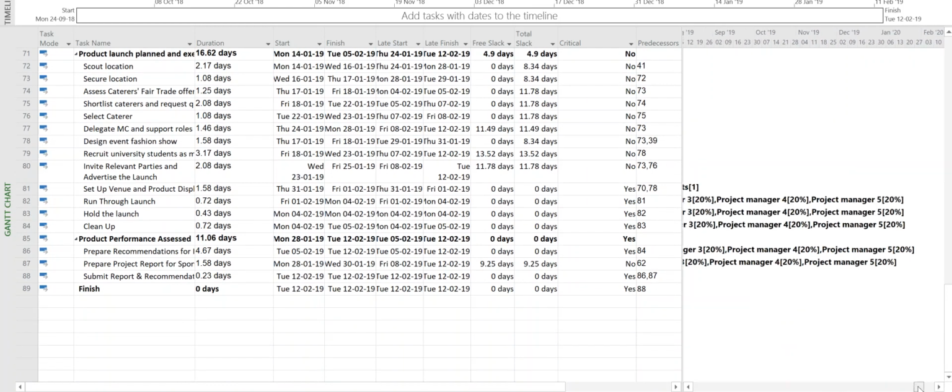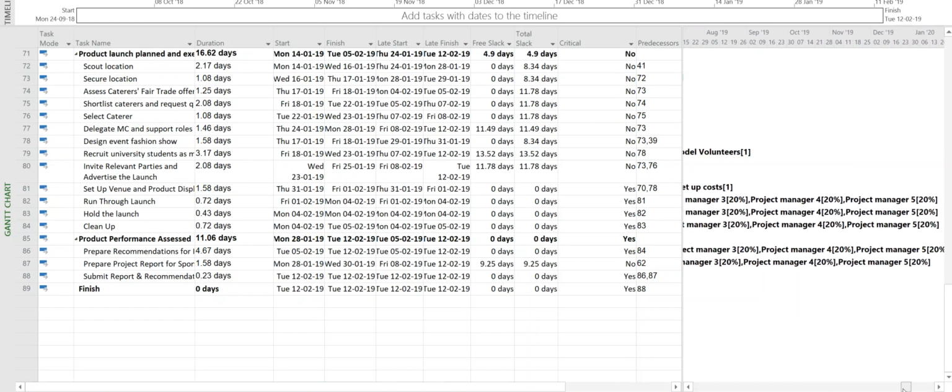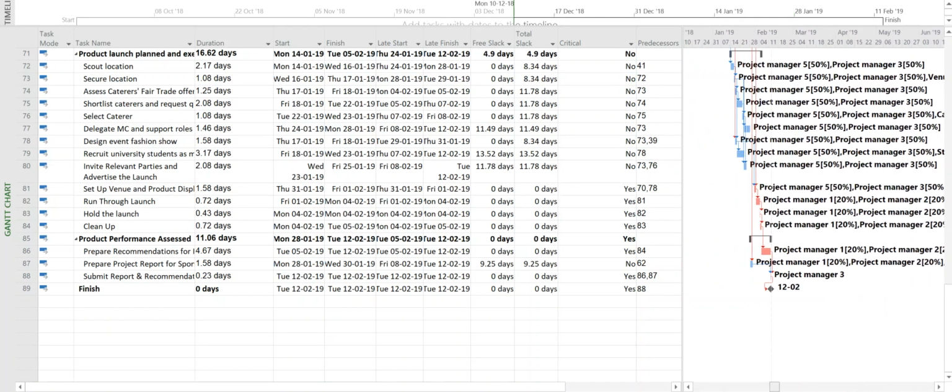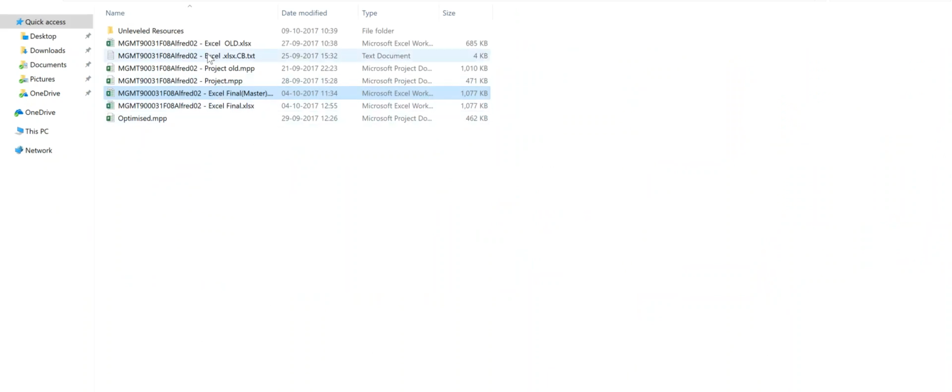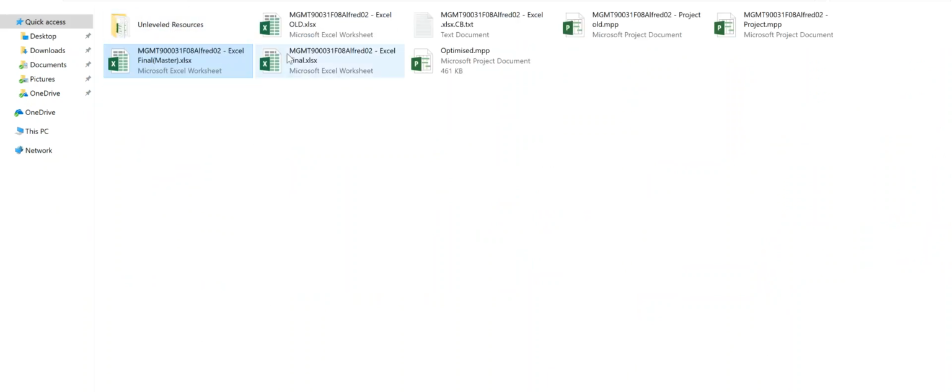I think I've gone too far. Here we are. Back a little bit more, and we're now the 12th of the second. So look at the 12th of the second, and we look at the number of days that we've actually decreased by optimization, which was 7 days. Okay, let's go back to the previous project, and the unoptimized one should be 7 days longer.